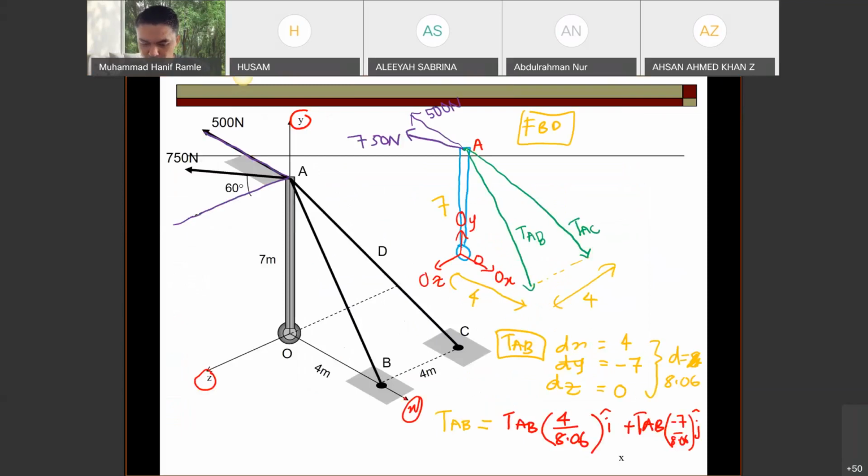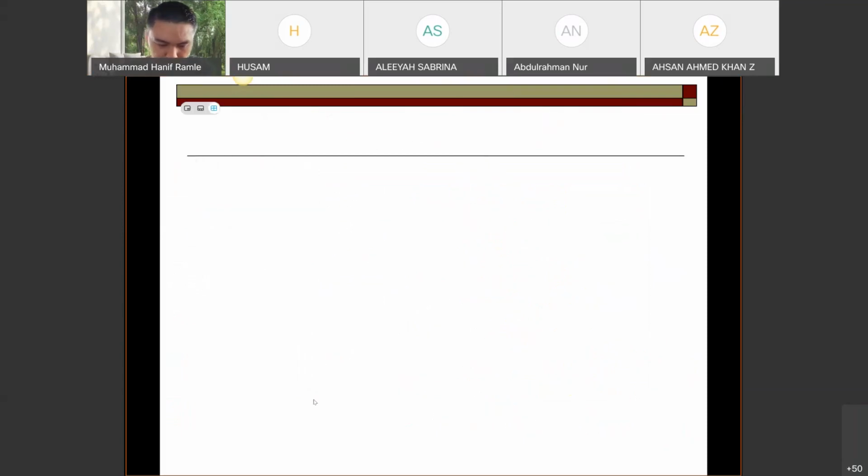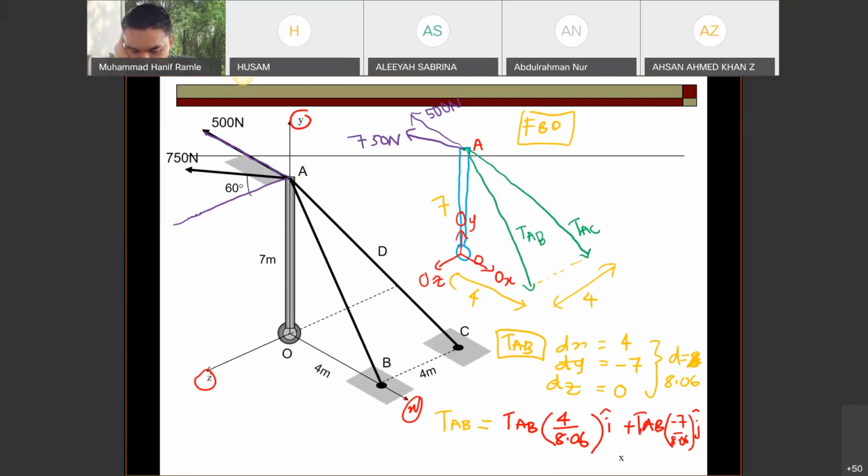Once you have TAB, you have to get TAC as well. So for TAC, you have to determine dx, dy, and dz as well. From here, what is the dx for TAC?